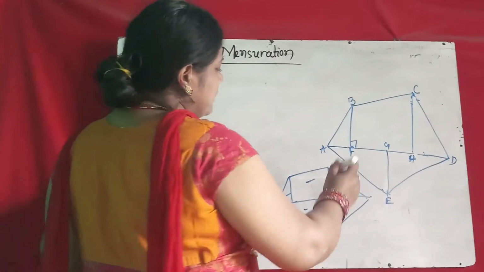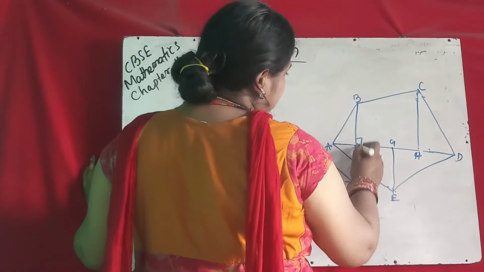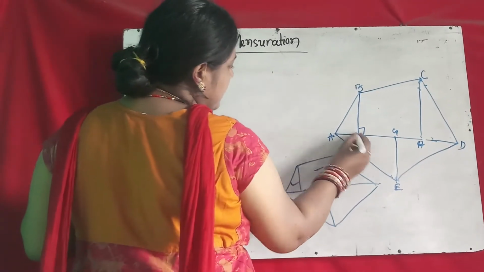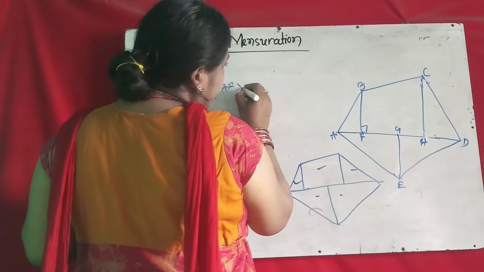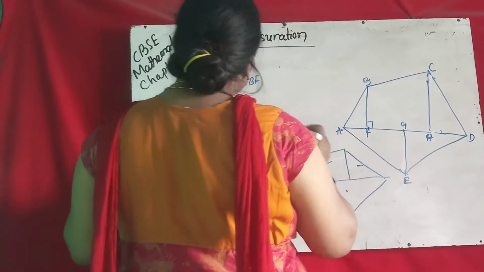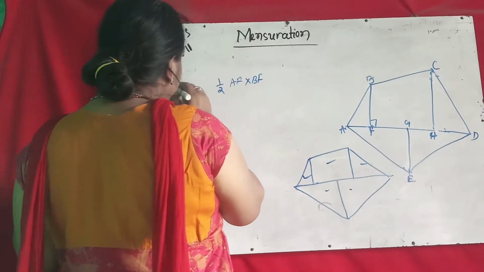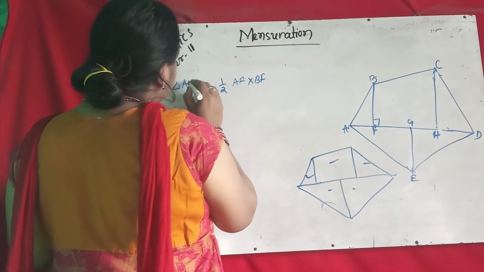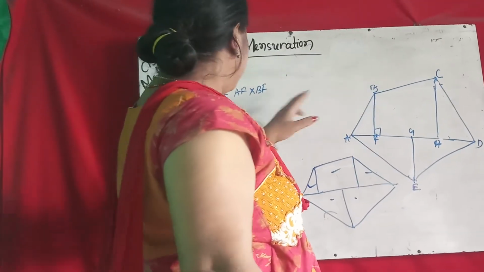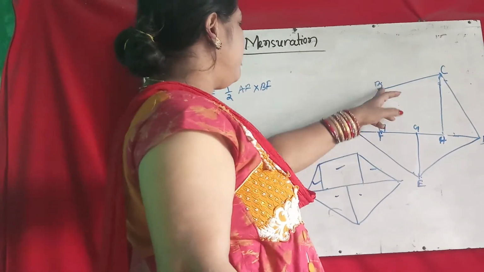First, triangle AFB. That means half base into height: half AF into BF. Triangle AFB, area half AF into BF.